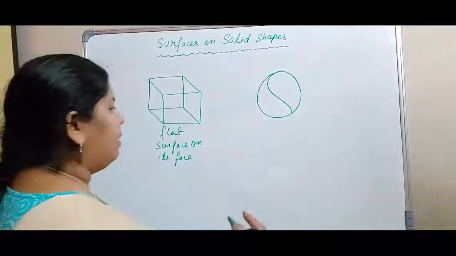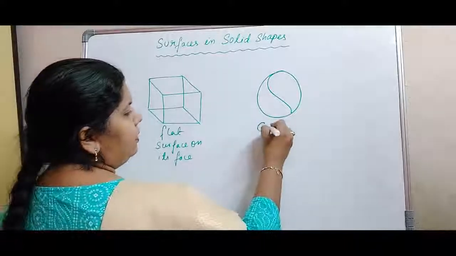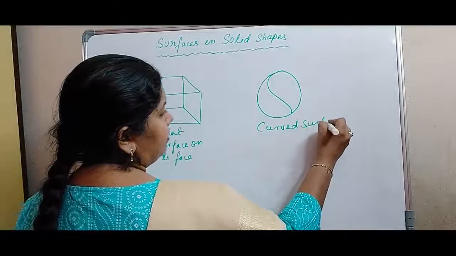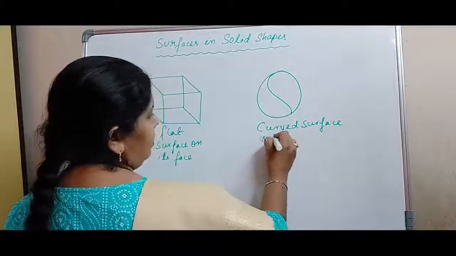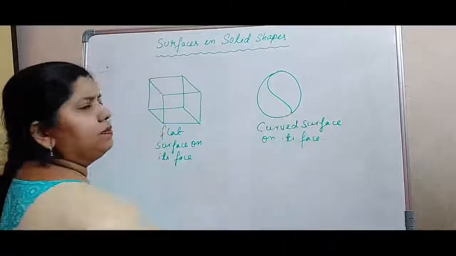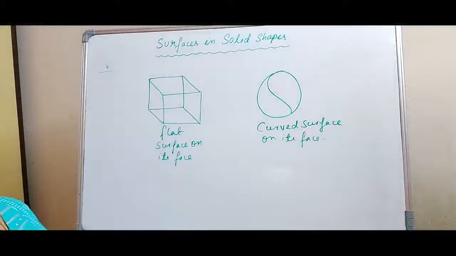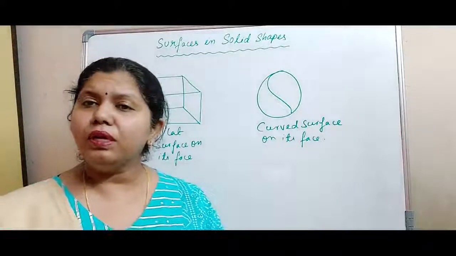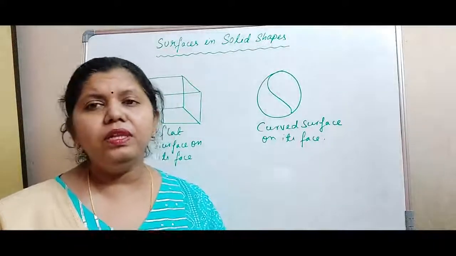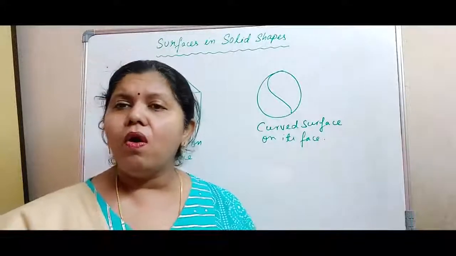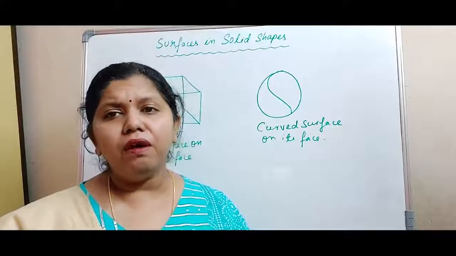It is having a curved surface on its face. So with these two examples we have come to the conclusion that every three-dimensional shape has either a flat surface or a curved surface.